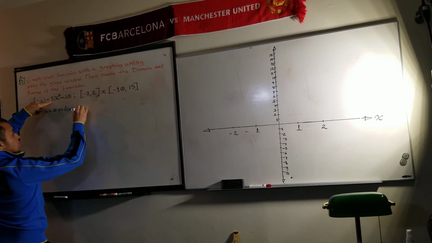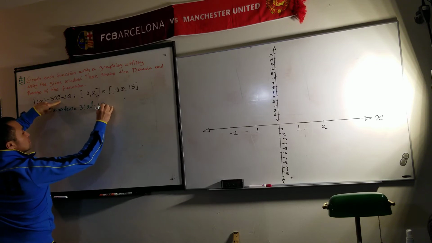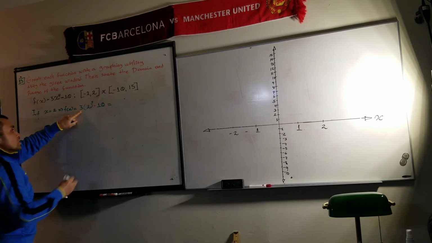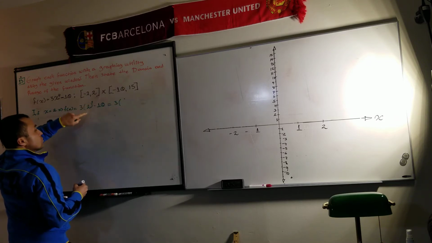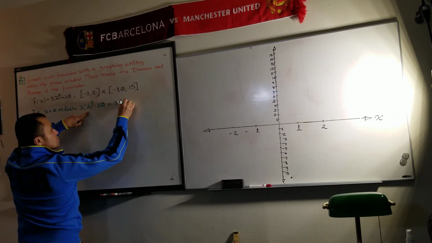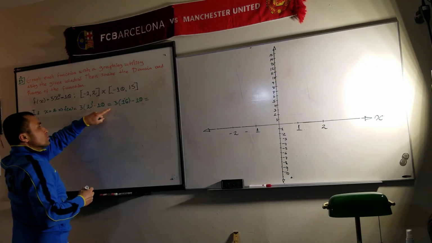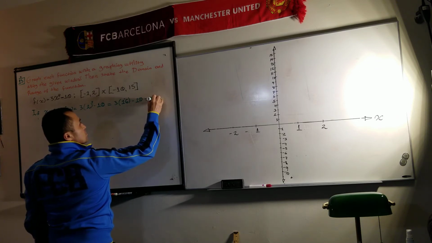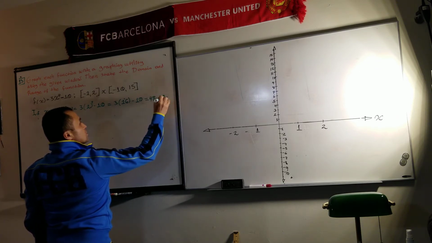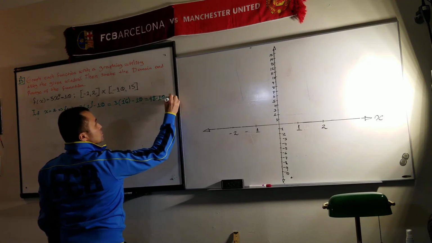So we're going to have 3 times 2 to the 4 minus 10. And this is going to be equal to 3 times 2 to the 4, that's 16, minus 10. And this is going to be equal to 3 times 16, that is 48, minus 10. And this will be equal to 48 minus 10, that is 38.